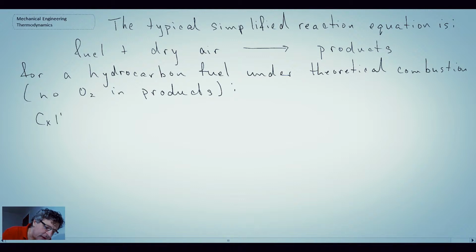So some generic hydrocarbon fuel, we have carbon and hydrogen, X moles of carbon, Y of hydrogen, plus some theoretical amount of air. We talked about air being 21% oxygen, 79% nitrogen, and so we came up with a way of expressing it in terms of kilomoles in the following.